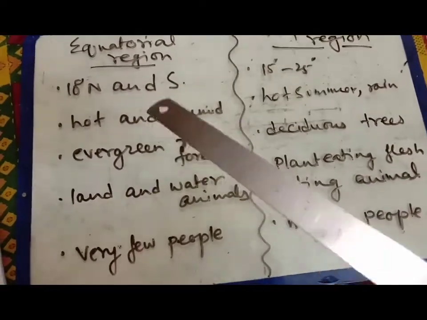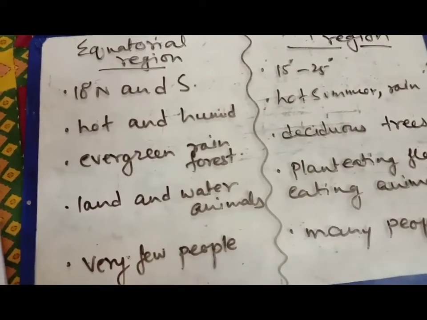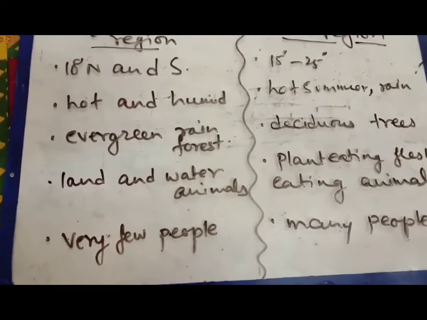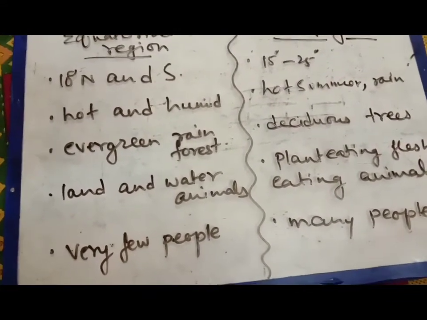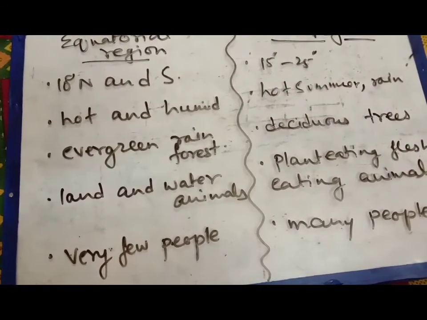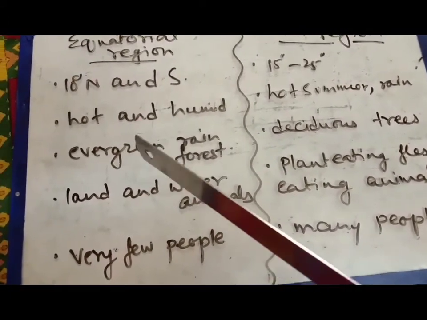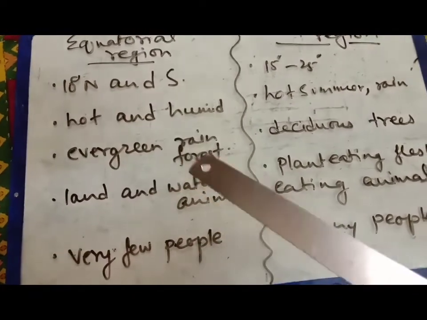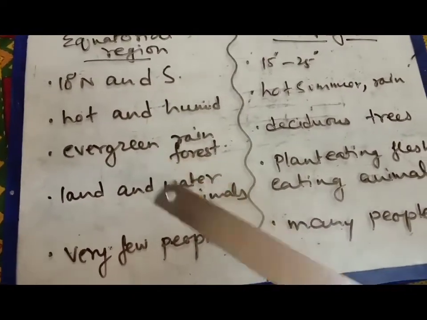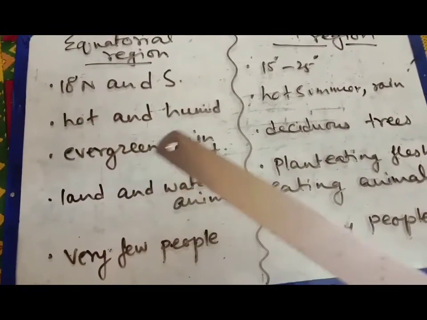Then we come to the next point, evergreen rainforest. In the equatorial region we get to see evergreen rainforest. Evergreen forest means that throughout the year there are trees in this forest which are not shedding their leaves all at once, so that is why it is called evergreen rainforest.